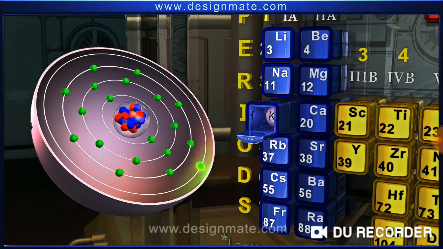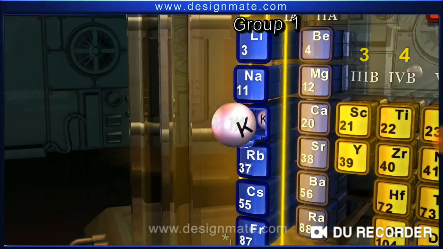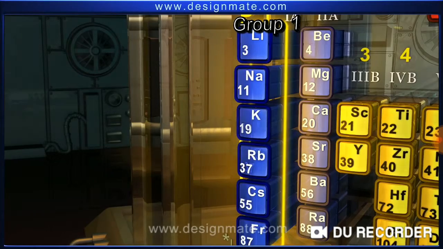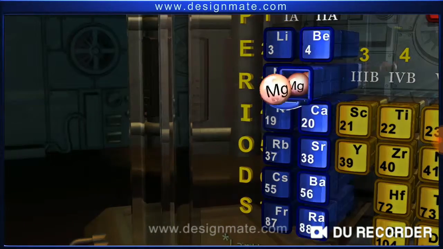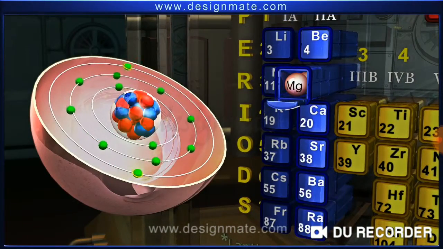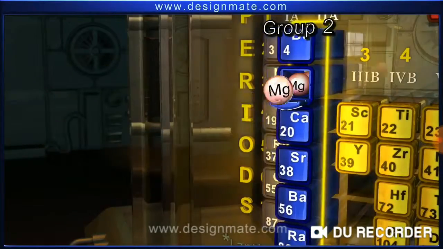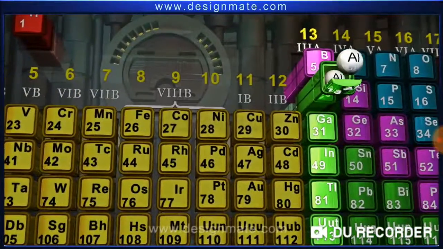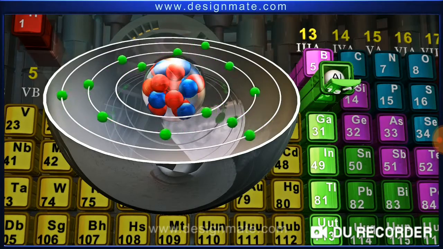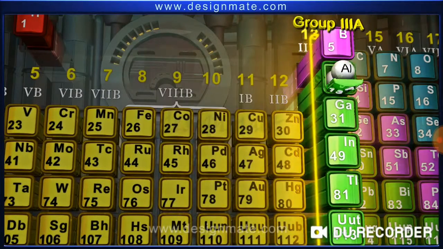Thus, potassium with 1 valence electron fits into group 1 of the modern periodic table. Magnesium with 2 valence electrons is placed in group 2. Aluminium with 3 valence electrons belongs to group 13, and so on.